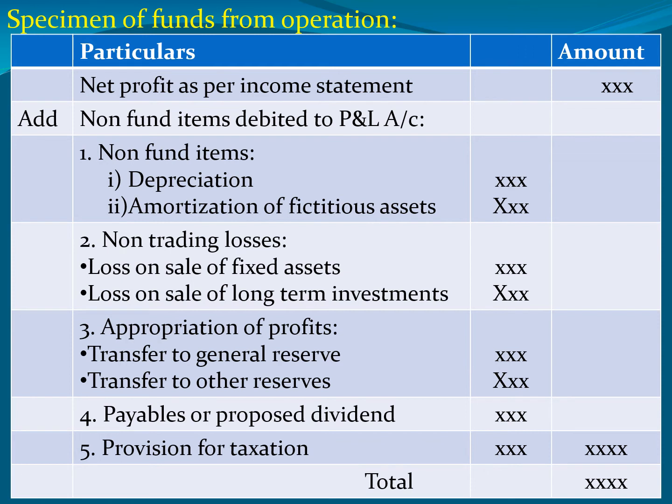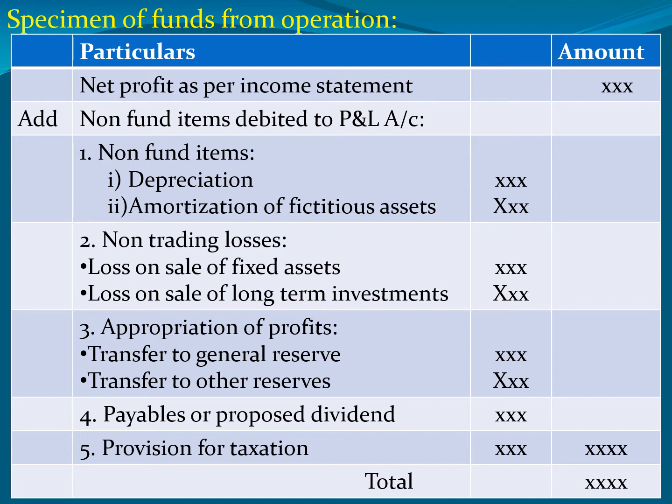Third one is appropriation of profit, like transfer to general reserves, transfer to other reserves. The company can make various reserves, and a certain amount of the profit is to be transferred to the reserves. To that extent, the company is showing lesser profit.